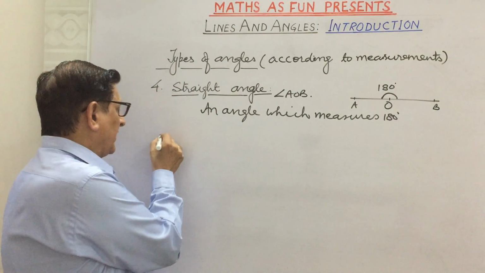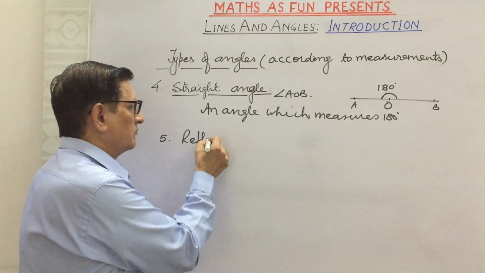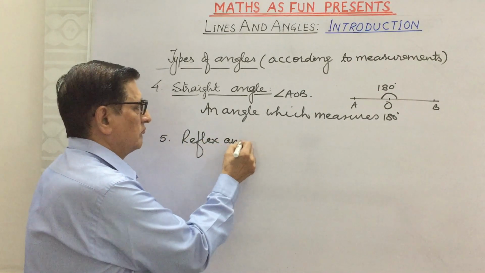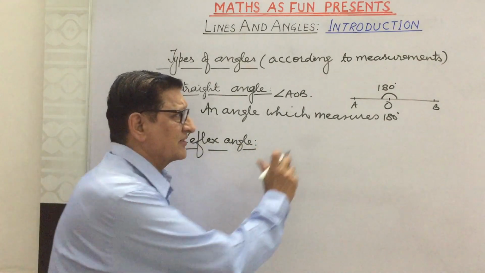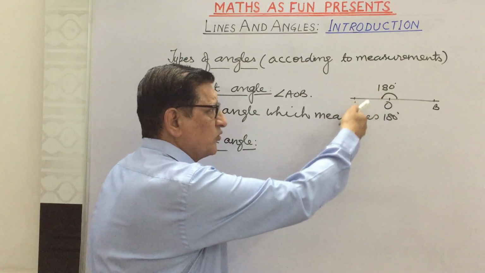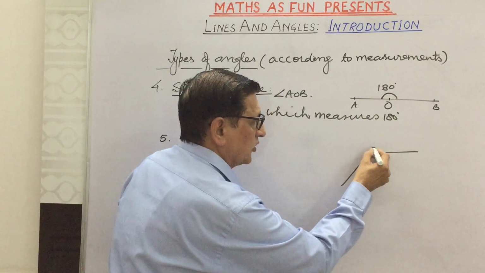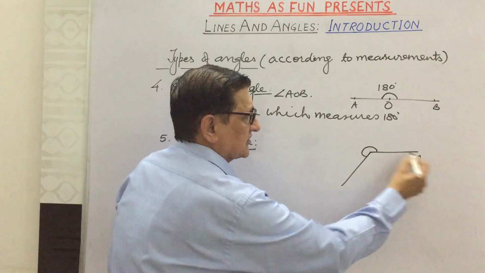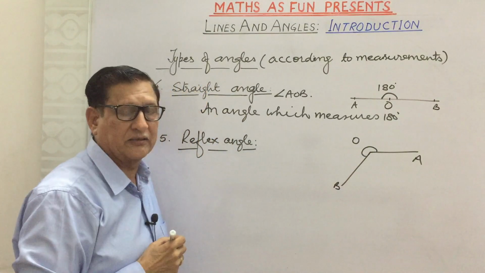The fifth one we have is reflex angle. If the measurement of an angle exceeds 180 degrees, it means the angle contains more than 180 degrees. Suppose this is AOB, then this angle is known as a reflex angle.